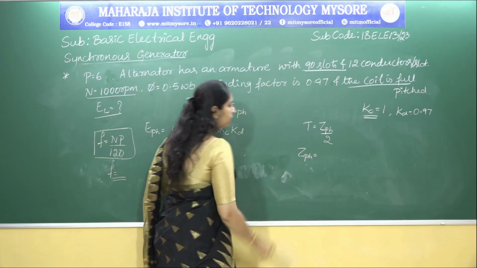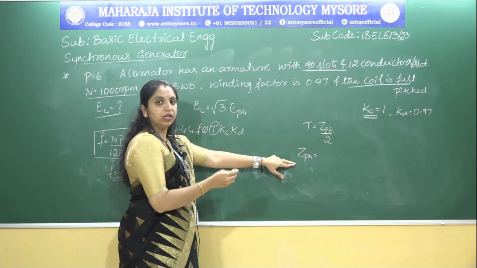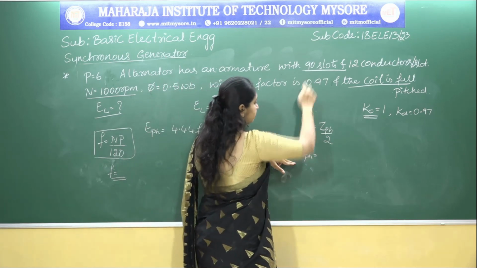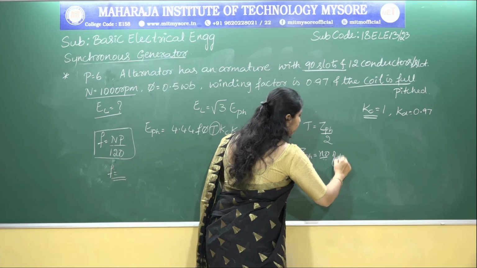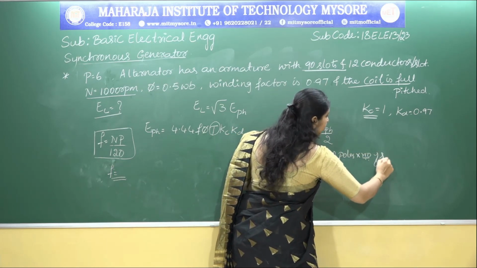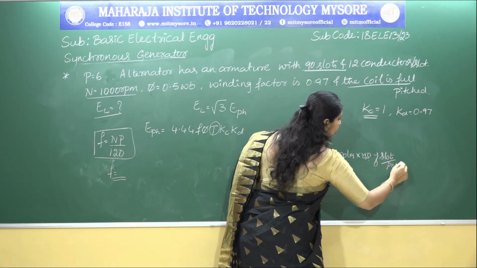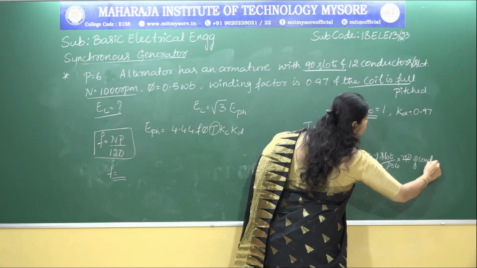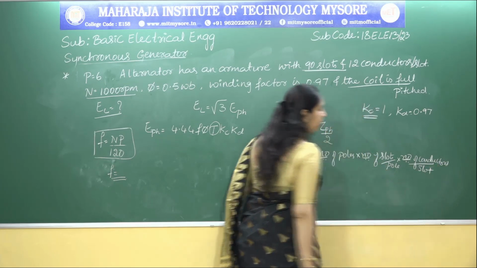You have to be very careful while simplifying Zph. Look at the problem here. Zph is equal to the number of poles into the number of slots per pole, into the number of conductors per slot, and this is divided by 3.